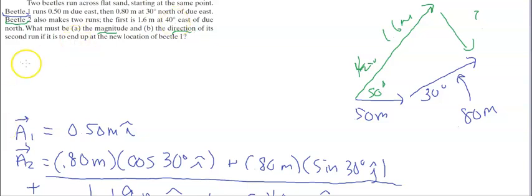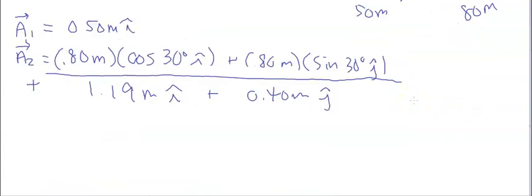Alright, let's do the same thing with beetle 2. We're going to rewrite both of its runs. Beetle 2, run 1, we'll call B1 vector. We're going to need to use our trig functions again. So 1.6 meters. I want to use the 50 degrees, but you can use the 40 degree triangle if you want.